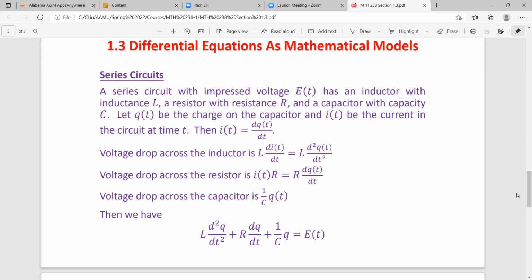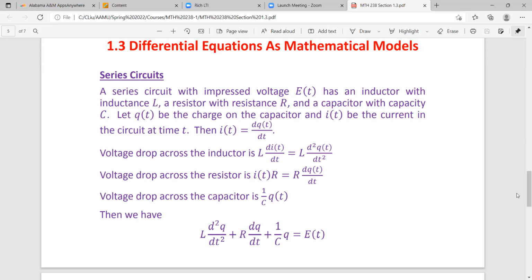So then, from physics, we know that the current is equal to the time derivative of the charge. Okay, that's actually a definition of the current itself. The rate of change of the charge with time. That's current.